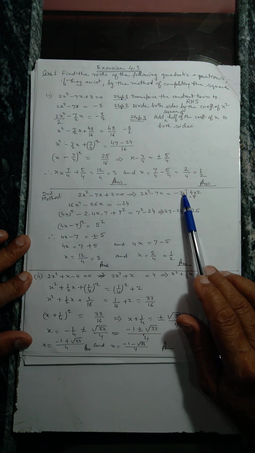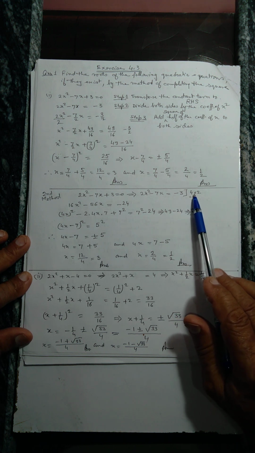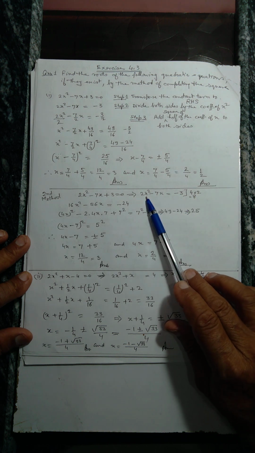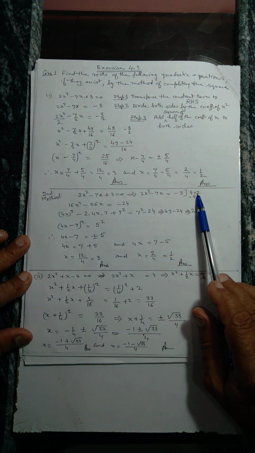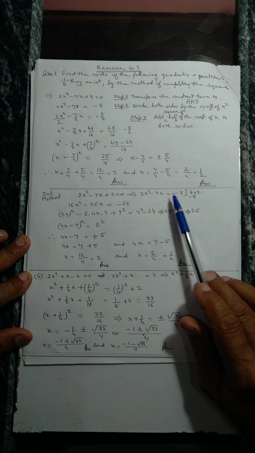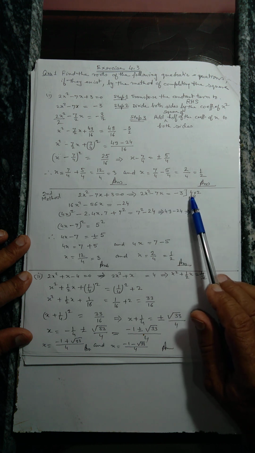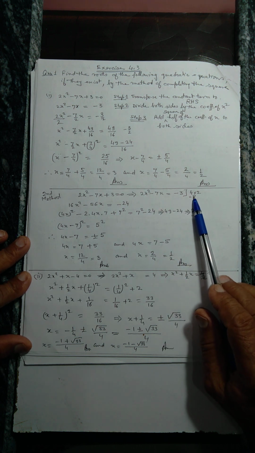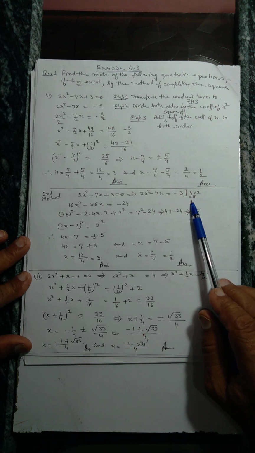Now I put a bracket sign here and I have multiplied both sides, the complete equation, by 4 times the coefficient of x². What is the coefficient of x²? It is 2. So I have multiplied by 4 into 2, that is 8.